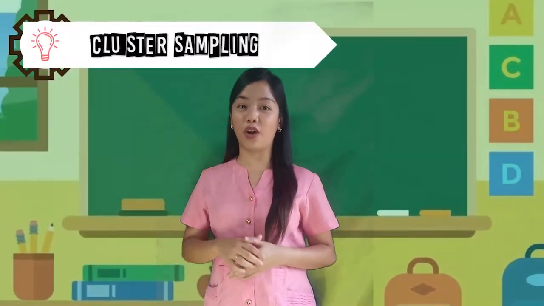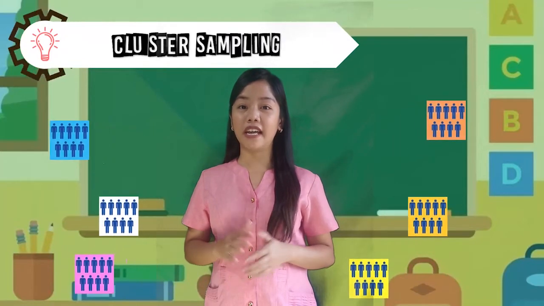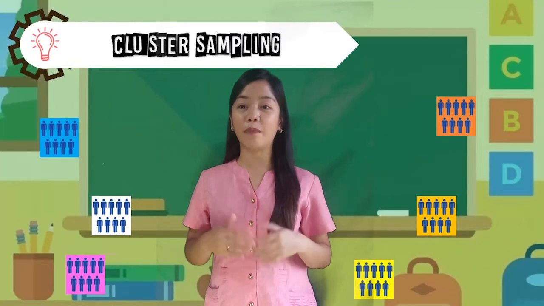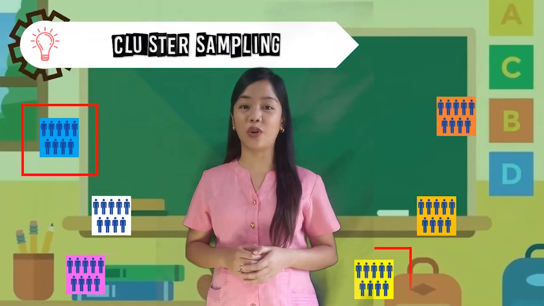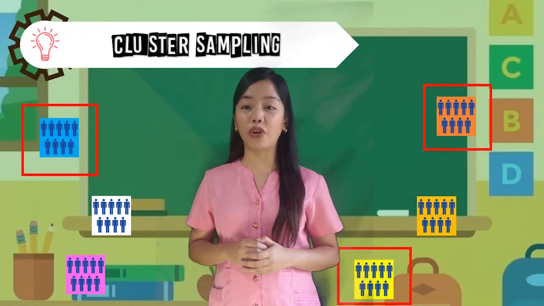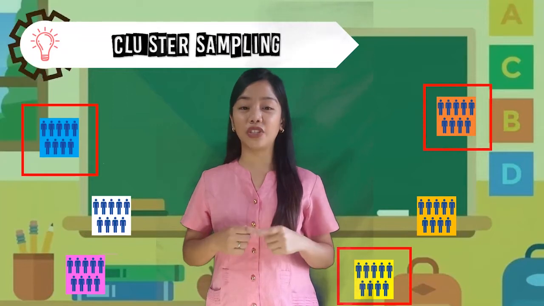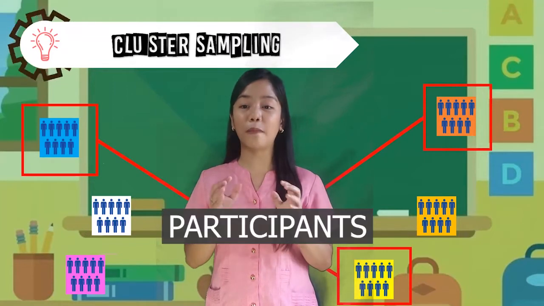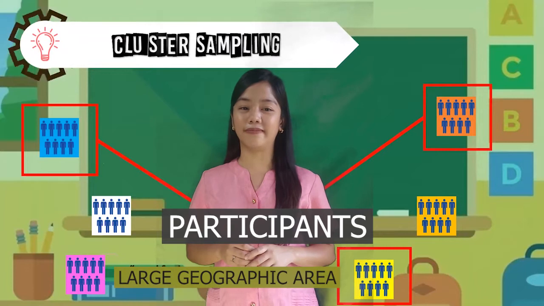And for the third one, we have the cluster sampling. When we say cluster sampling, the sample is obtained by dividing the population into sections or clusters, then randomly selecting one or more of the clusters, and using all of its members as the participants of the sample.